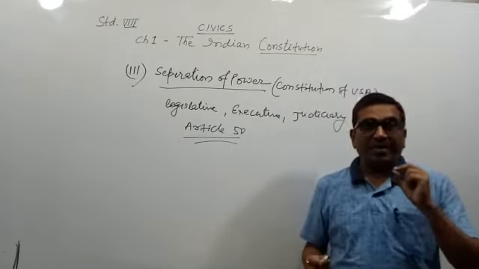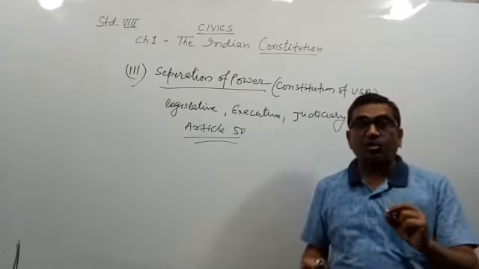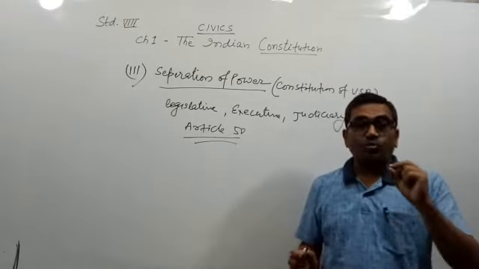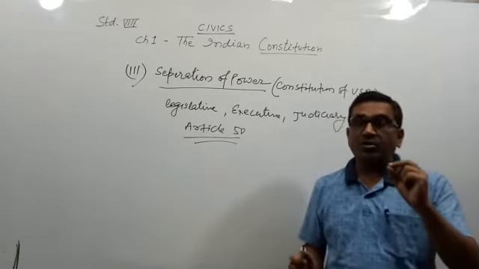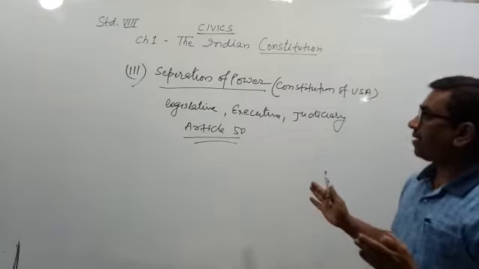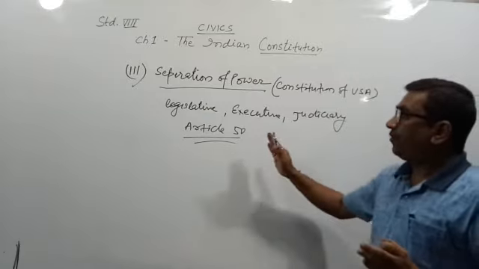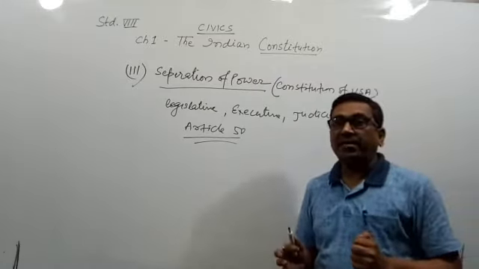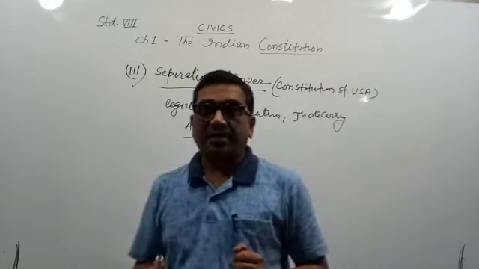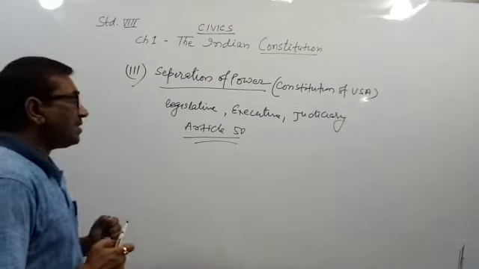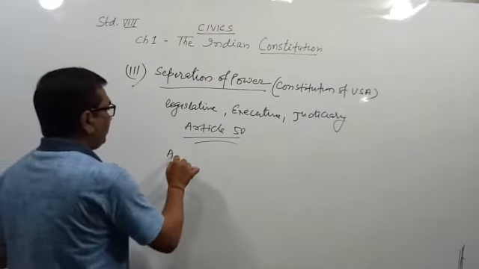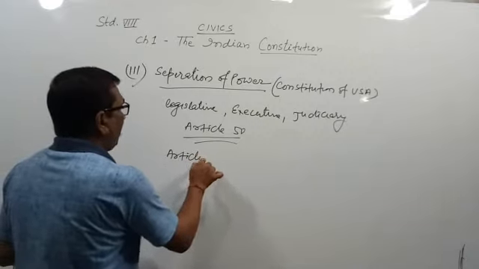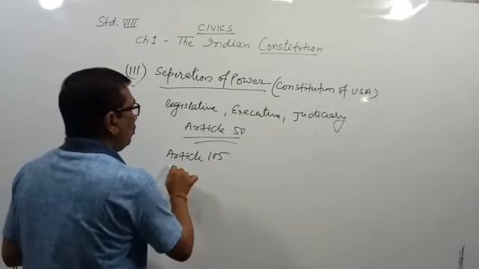Directive principle of state policy is actually a guideline to the state government. They should try to separate the judiciary from the legislative and executive. The separation of power is further mentioned in Article 105.